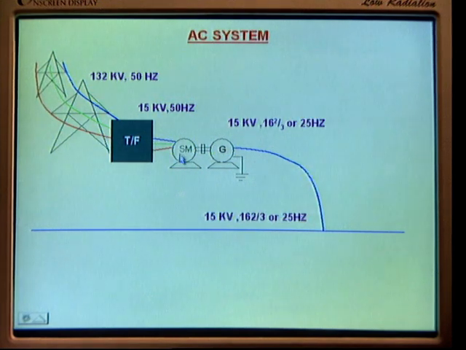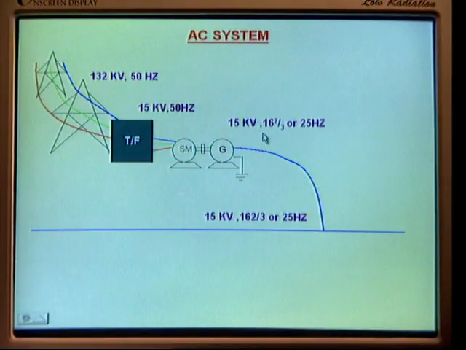The mechanical output is given to the input of a single phase alternator. So, the synchronous motor and the alternator are mechanically coupled. The single phase alternator generates a voltage of 15 kV at reduced frequency, which may be 16 2/3 Hz or 25 Hz.